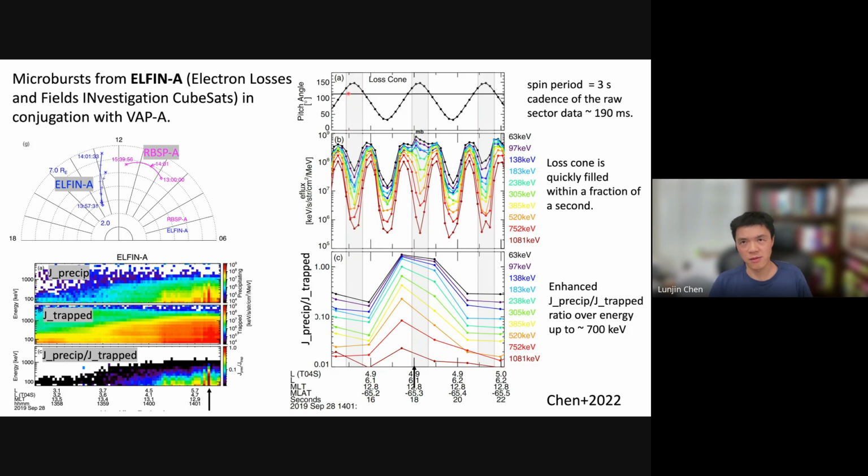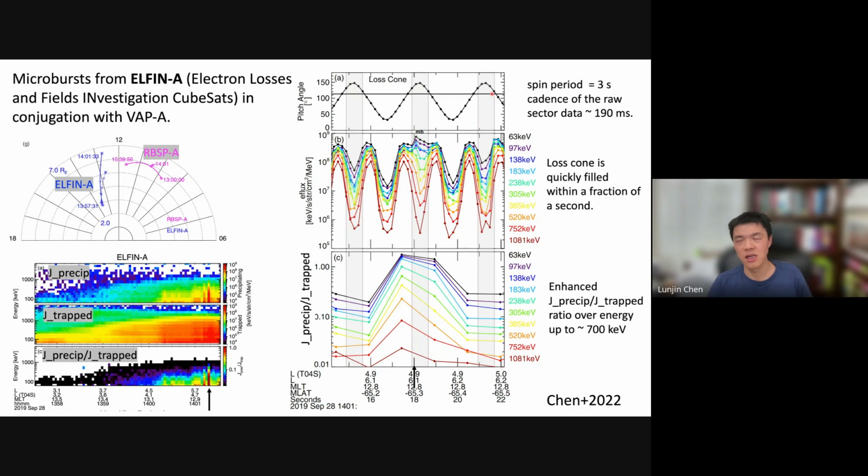This is the previous loss cone measurement here in low flux, and then outside the loss cone high flux, and then you enter another loss cone. Now this time the flux is much enhanced. So you see the difference across all the energy range, from 60 keV to a few hundred keV, within this local time.